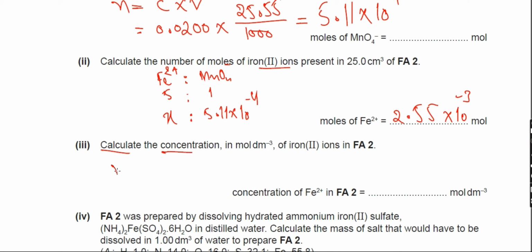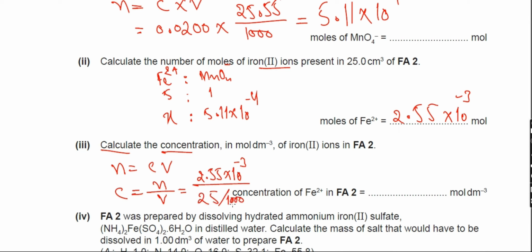Then he says calculate the concentration. So we are going to use the same formula, n equals CV. Just rearrange the formula, you will get that concentration is moles divided by the volume. But remember, volume should be converted into dm cube first. So the moles we calculated was 2.55 times 10 raised to the power minus 3, divided by the volume we pipetted, that was 25.0, divided by 1000.